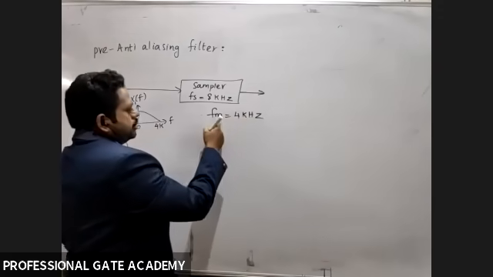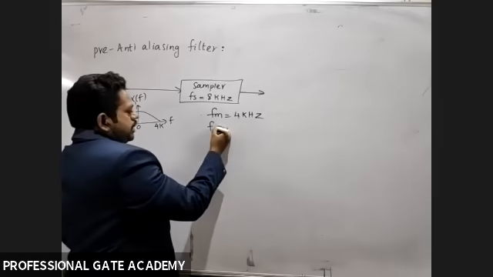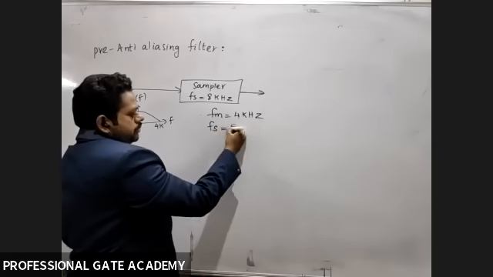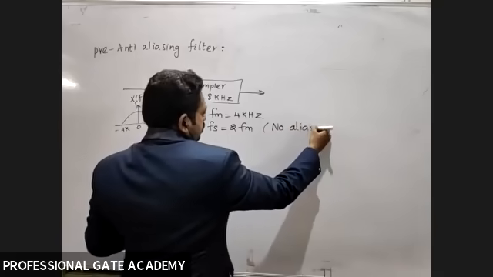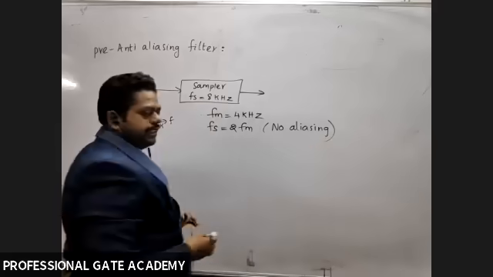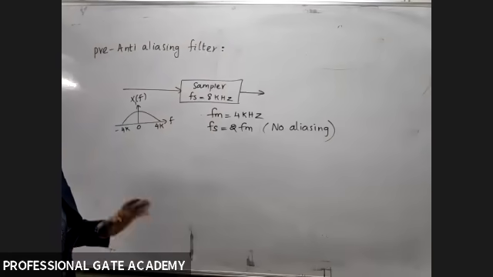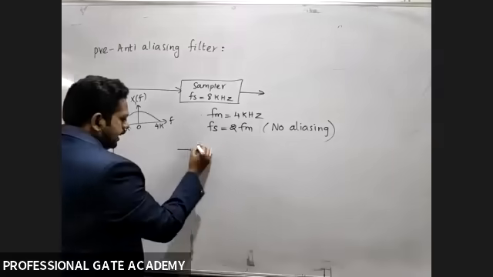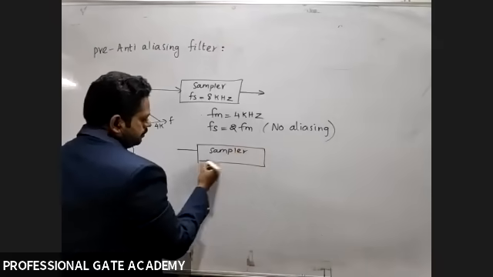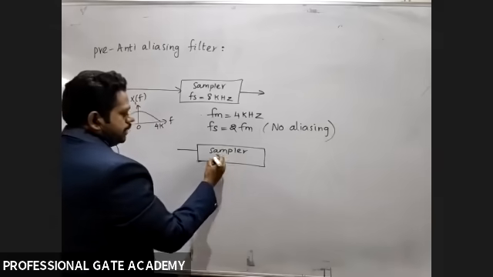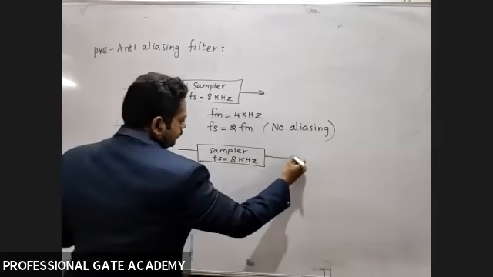So what is the value of 2fm? 8 kilohertz. So fs equals 2fm. So does aliasing occur or not? No aliasing. In this case, there is no aliasing. Have you got it? For the sampler, fs equals 8 kilohertz.